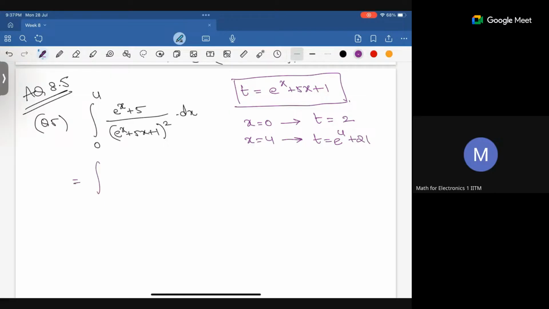So then this will simply be the integral from 2 to e^4 + 21, and (e^x + 5) dx will be dt, divided by t square. The antiderivative of 1 by t square is minus 1 by t, because t to the power minus 2 plus 1 divided by minus 2 plus 1 gives minus 1 by t. And the limits are e^4 + 21 and 2.